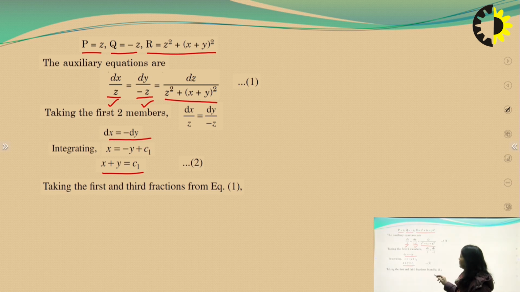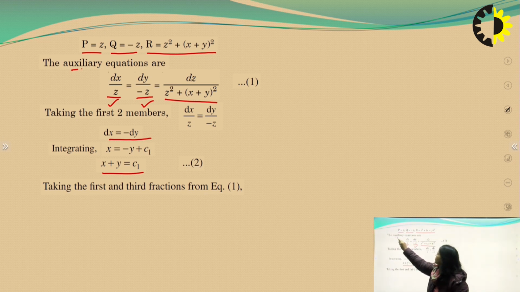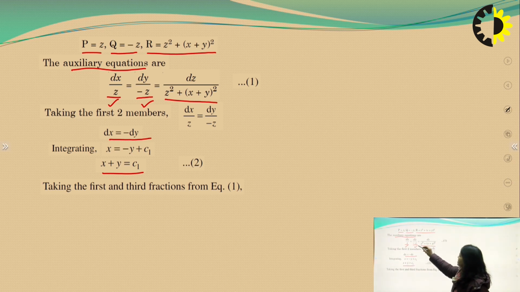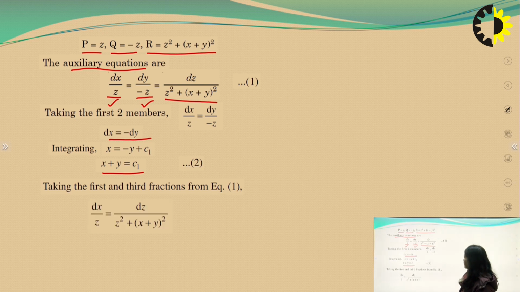Now again we will consider the first and the third fraction from these auxiliary equations. The first member is dx upon z and the third is dz upon z square plus x plus y whole square.